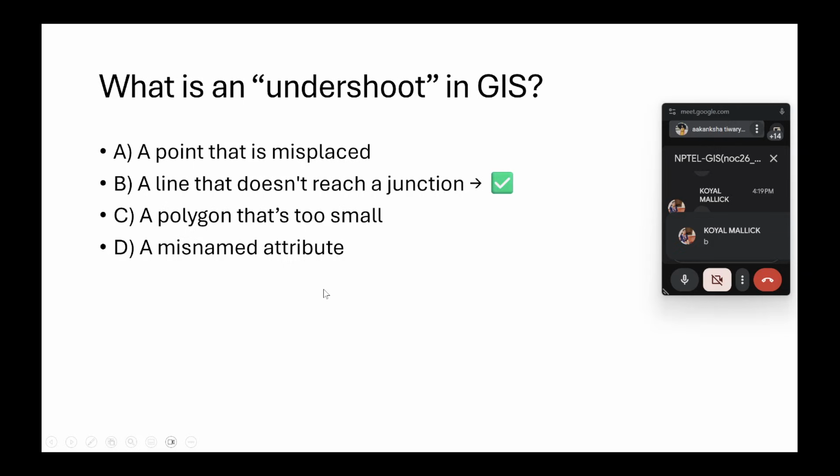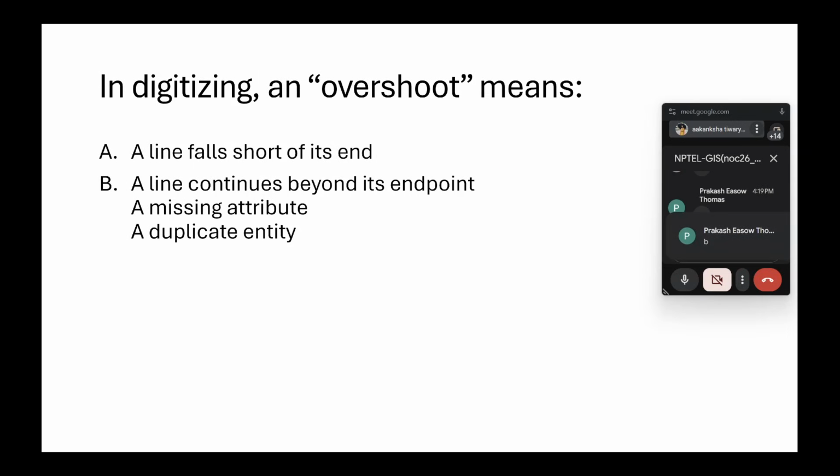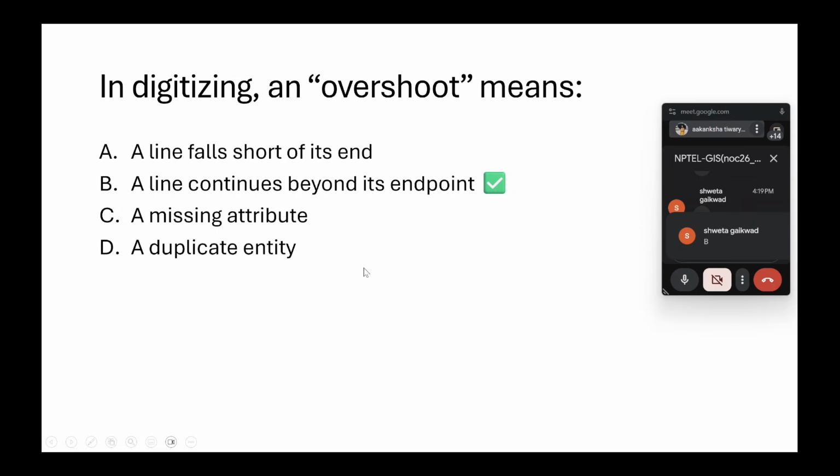So correct. A line that doesn't reach a junction point. Now the next is in digitizing. An overshoot means, okay. So correct. A line continues beyond its endpoint.